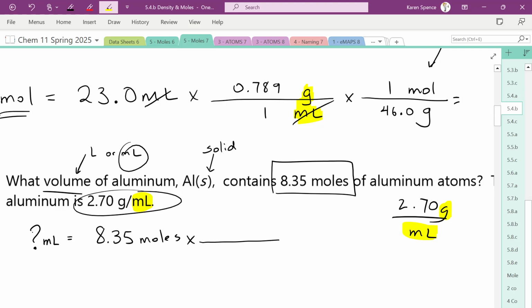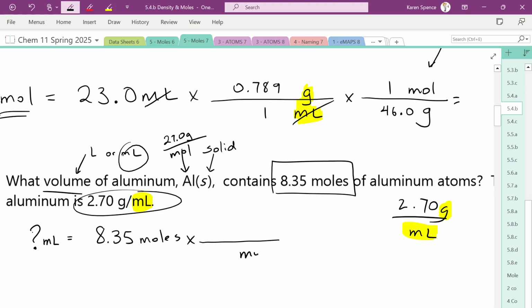So we need aluminum, and it has a molar mass of 27.0. What's the unit for that? Not just grams. Molar mass is grams per mole. Okay?